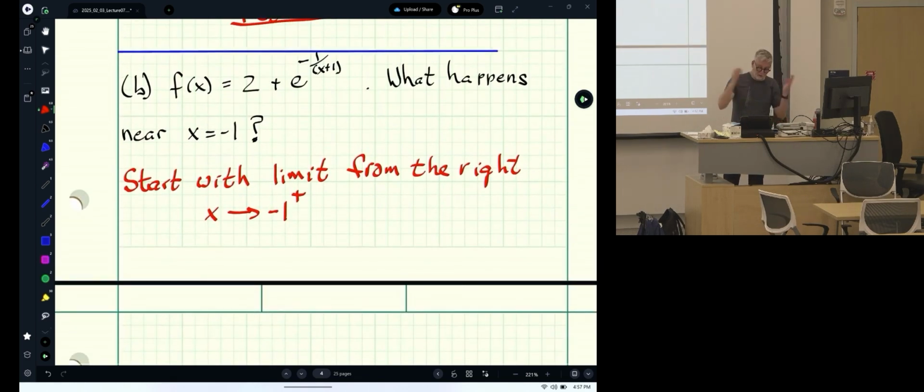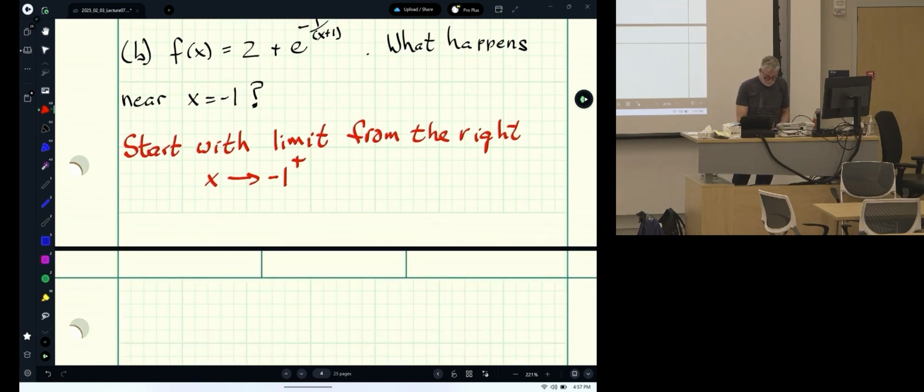And this is where it's important that as part of the definition, the function does not have to be defined at the point where you're doing the limit. Okay, so x0 is here equal to minus 1. And L, we have no idea, okay?